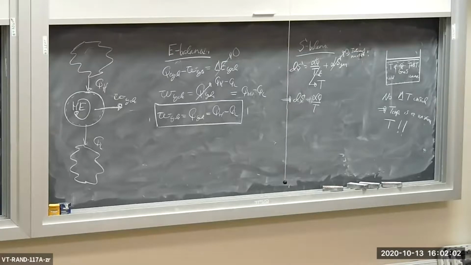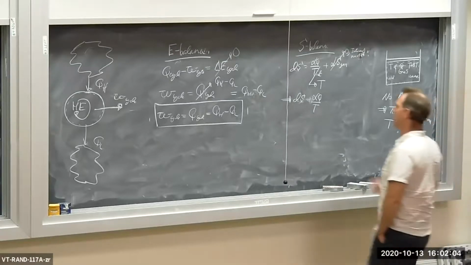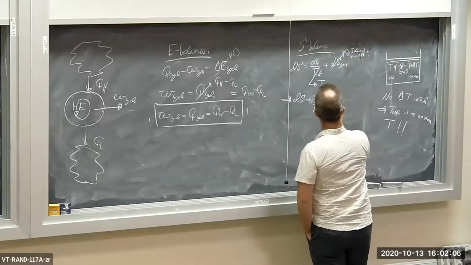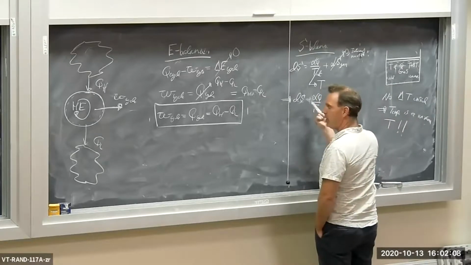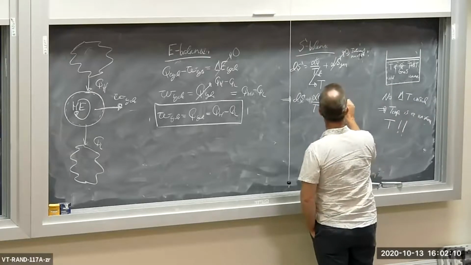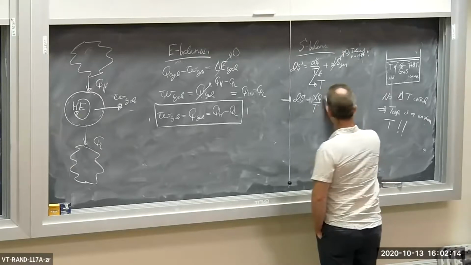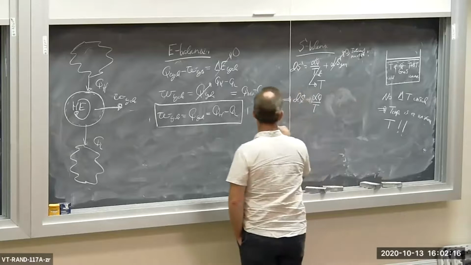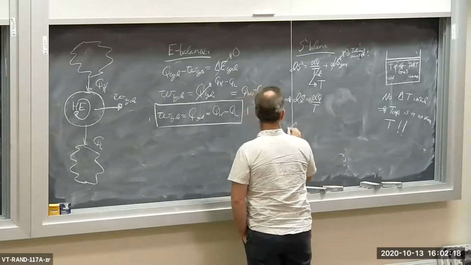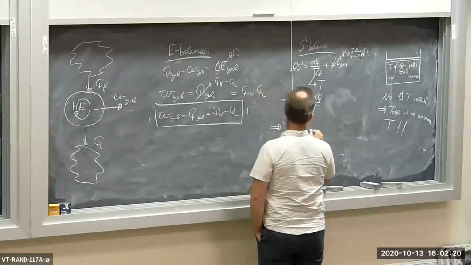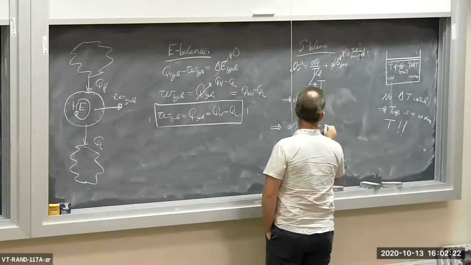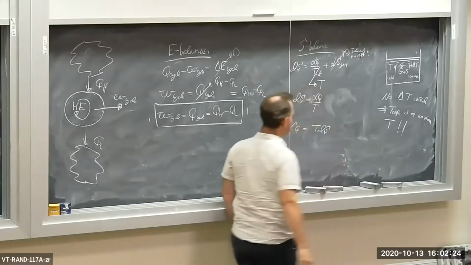Now I'm going to solve that for the heat transfer. Multiply both sides by temperature T, flip the equation, and I get δQ is equal to T dS.